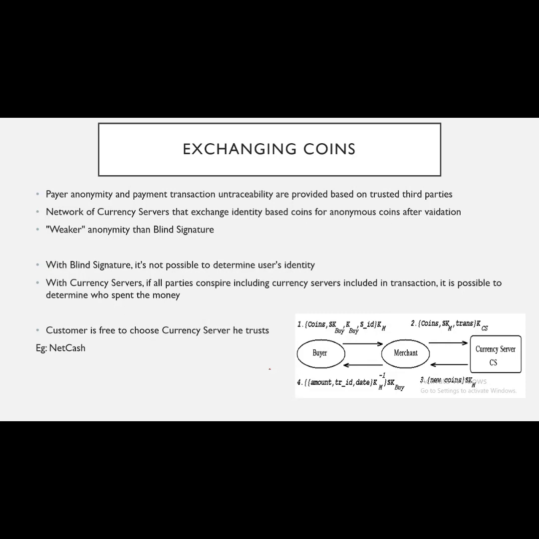So it is a huge problem of trust arising. The currency server must be honest, it must be trustable. However, the customer is free to choose any currency server he wants from the network of currency servers, and it's a 99% chance that it is honest, and probably there won't be any problem, but in case it conspires, then the identity of the customer can be revealed.